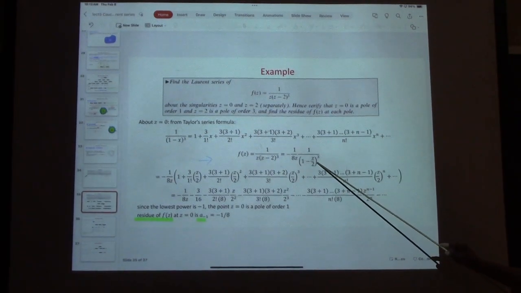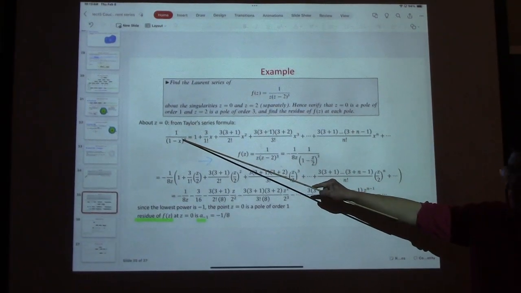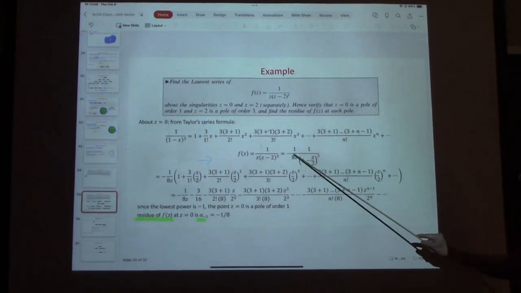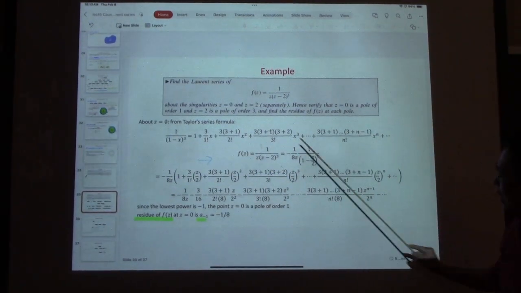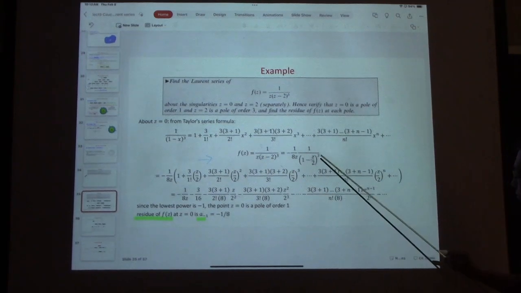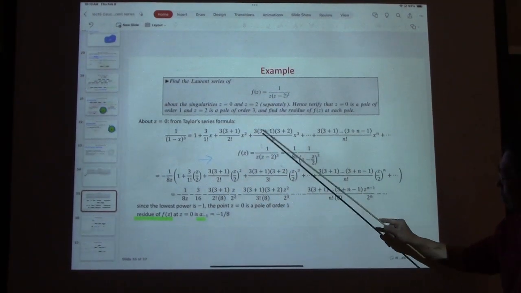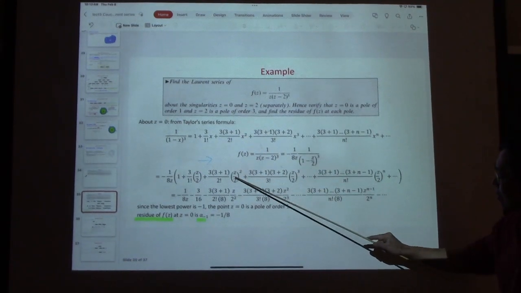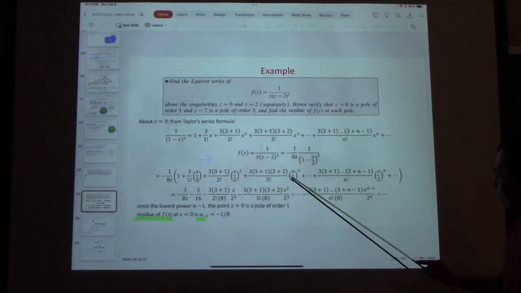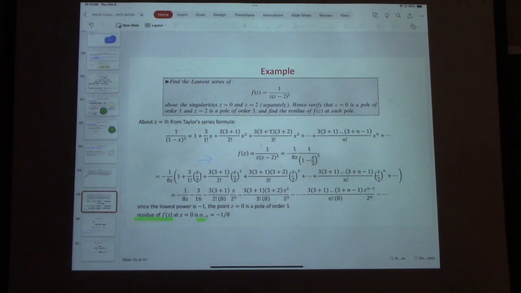Once we are here, we can make use of that expansion, right? Therefore, we keep this, and in this expansion here, x becomes z over 2. This x squared becomes z over 2 squared, this x cubed is z over 2 cubed, and so on.